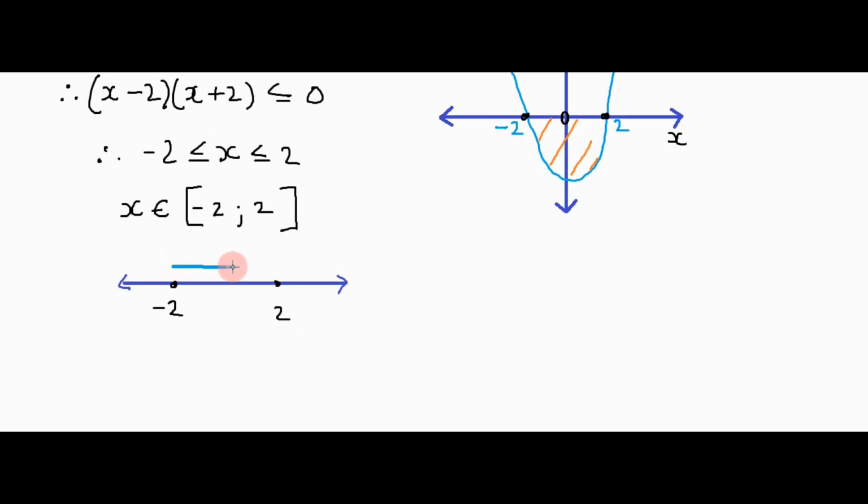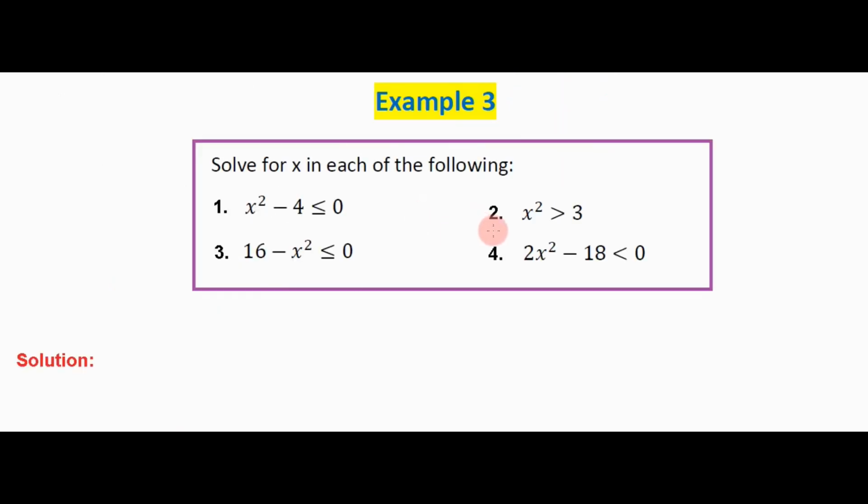So we're going to have a solid line from -2 to +2. And then at -2, we're going to have a dot, so a circle that's colored in, as well as at +2, to show that it includes the values -2 and +2. Let's look at the second inequality.